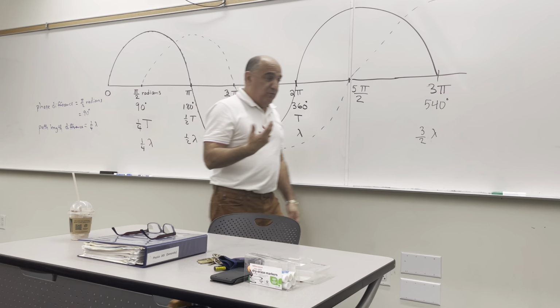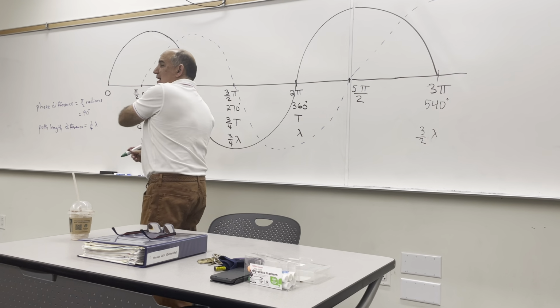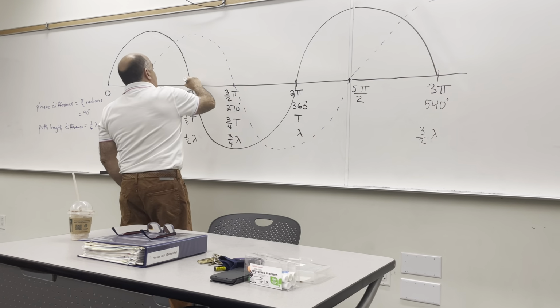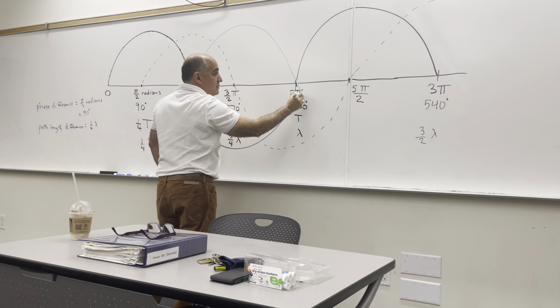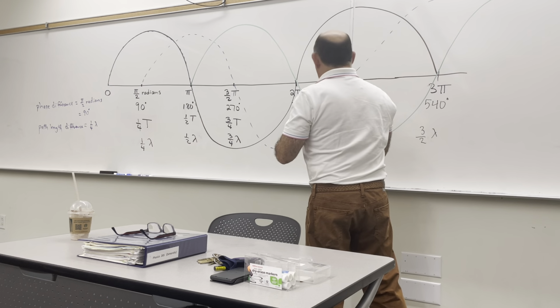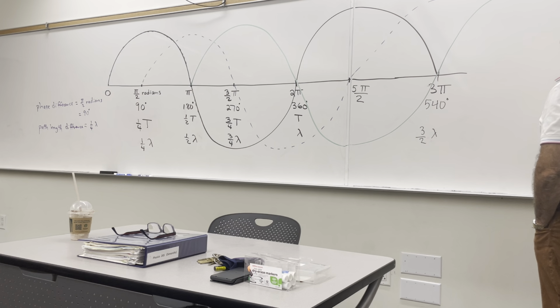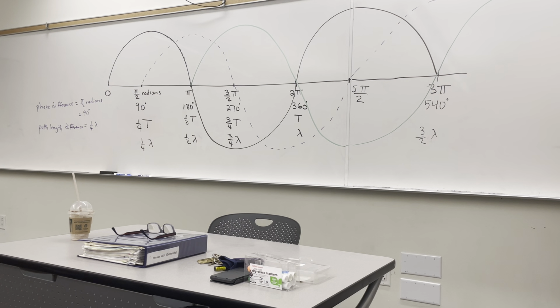What if I draw another wave, and I'm going to use a different color. I'm still using the black one as reference, and I draw another wave like this. Now I ask you, what is the phase difference between the green wave and the black one? 180 degrees, or pi radians.